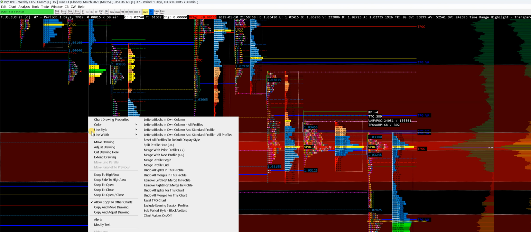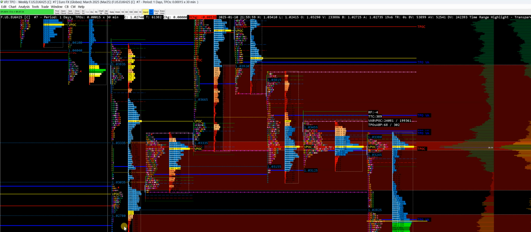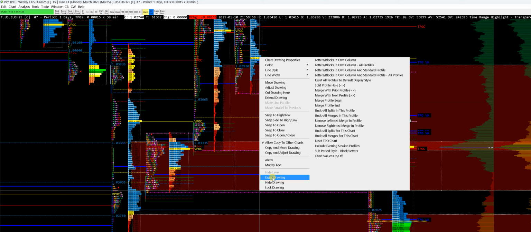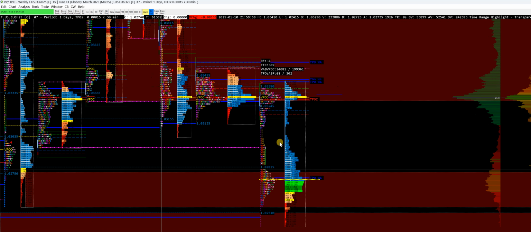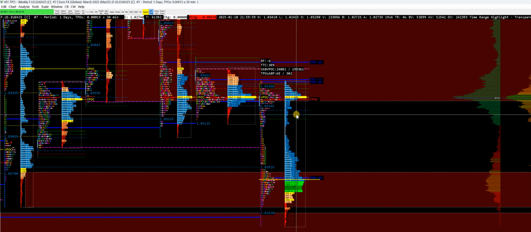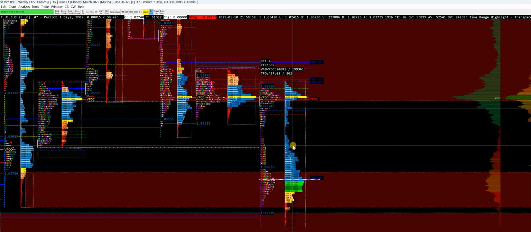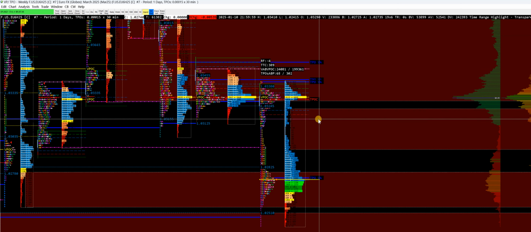In fact, I haven't been clearing my chart for a bit, but there are a number of events in the volume profile that you want to project. So here we've got clearly, as we mentioned, a low volume node here. I would extend it a little bit, probably from here to here, and I'm projecting it. As you can see, I'm drawing a rectangle which I'm projecting into the future here.